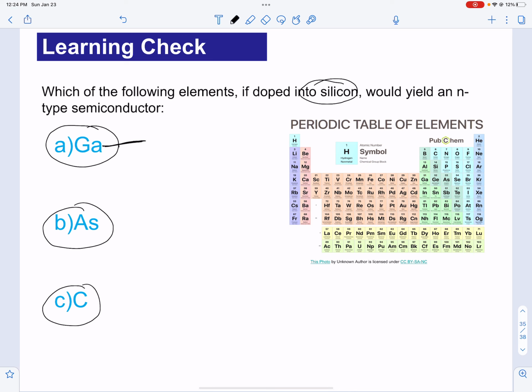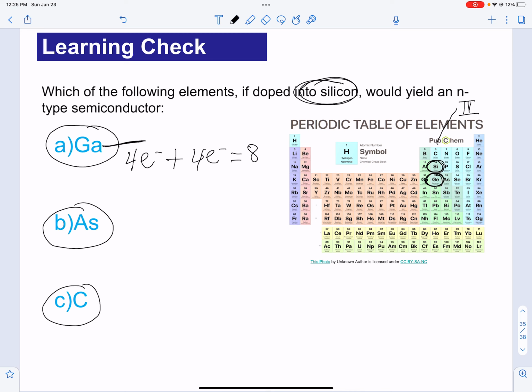Gallium is right there, and this is group 4. Therefore, we have 4 valence electrons coming from gallium, and we're combining it with silicon. Silicon is right there, also with 4 electrons. When I combine those 2 sets of valence electrons, I get 8. So this is not an N-type or a P-type. That's just the magic number. So you haven't done anything to that one.